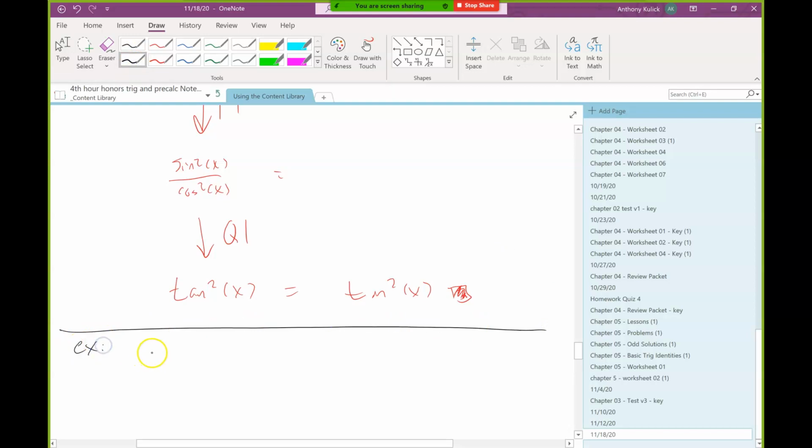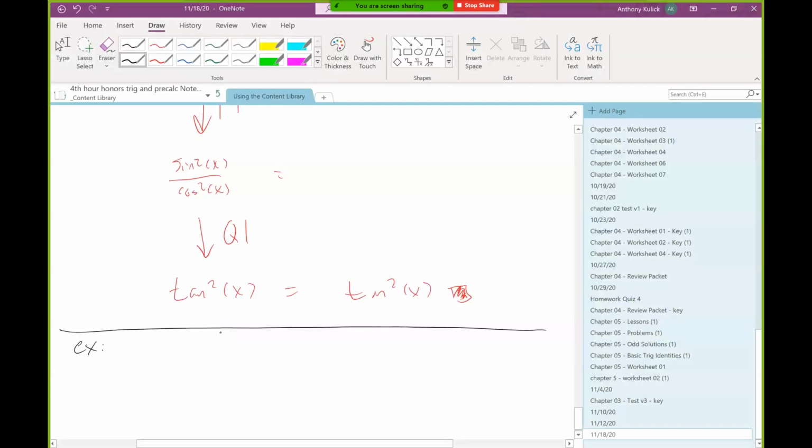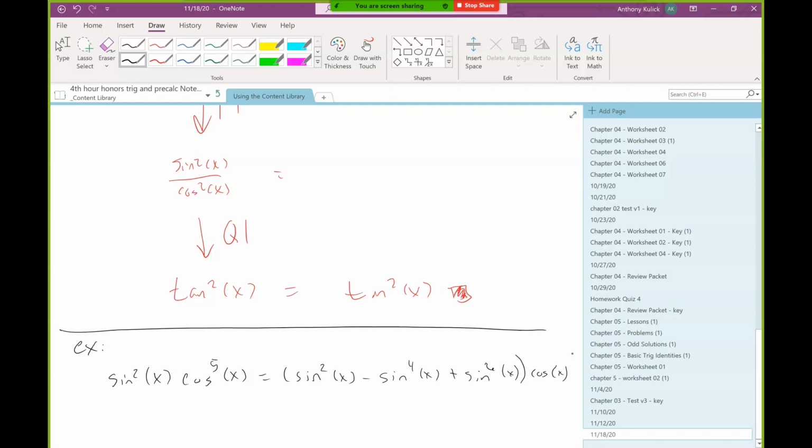Our last example. So we have sine squared x times cosine to the 5th x equals the quantity sine squared x minus sine to the 4th x plus sine to the 6th x, that quantity times cosine x.